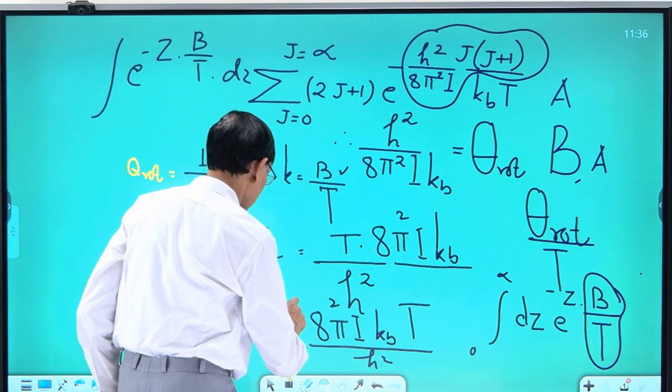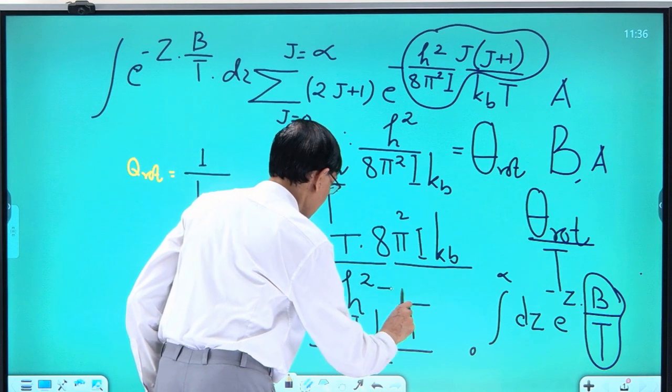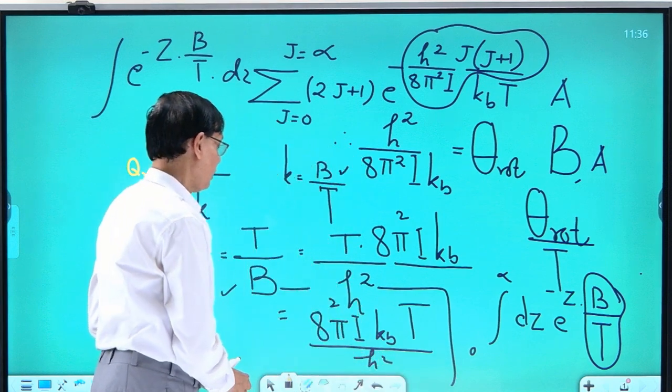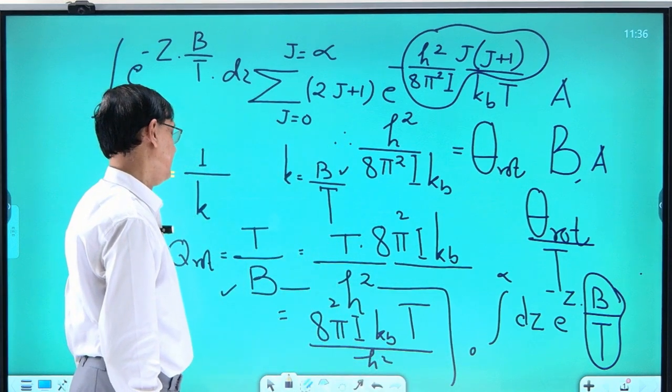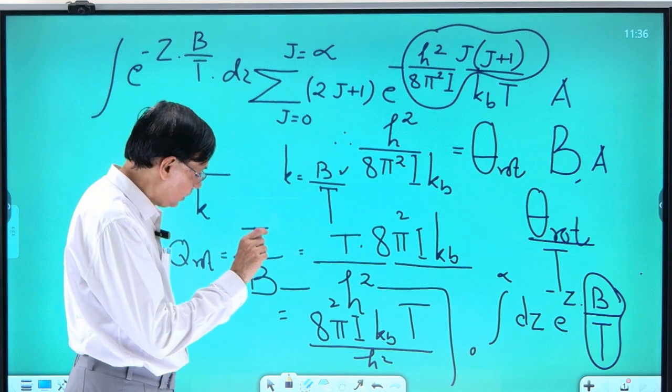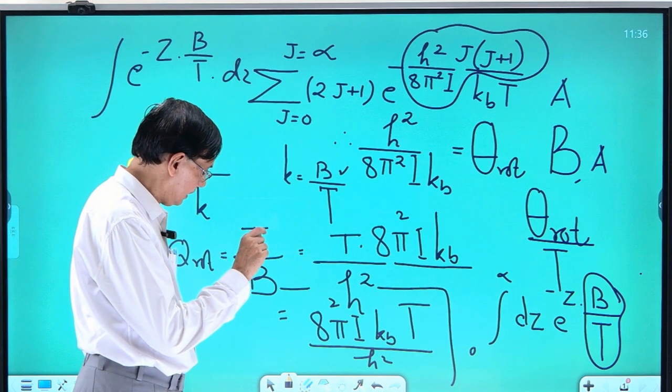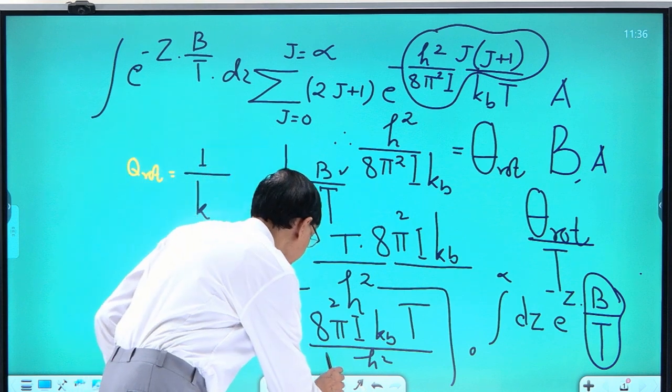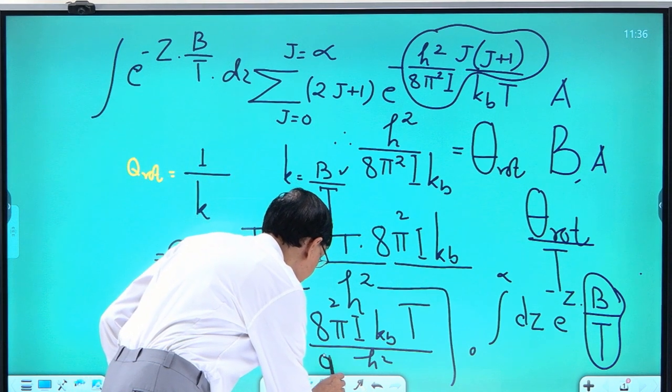This is our first formula of the rotational partition function for diatomic molecules. And as I told you, the symmetry number is important, so in the denominator I can write this thing.